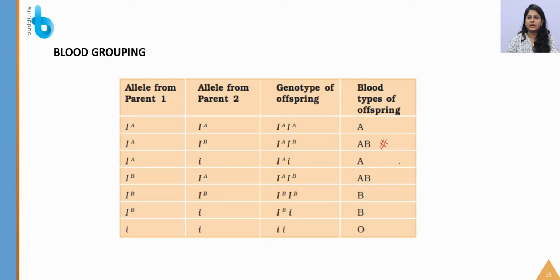IA and small i is present, again blood group A. IA, IB is present, again blood group AB. So these give a combination of 6 blood groups: A, AB, A, again AB, BB and O. If IB and IO are present, again the blood group is going to be B, and if 2 small i's are present, it is going to be blood group O.